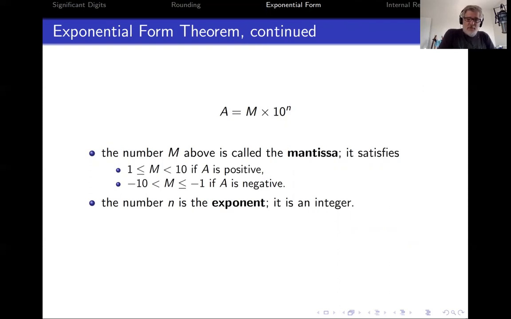Suppose your number is positive, then the mantissa will be something point something, so it's at least 1. It's 1 point something, it can't start with a 0. And it'll be less than 10 because we have only 1 digit before the point. If the number is negative, then it's the other way around.